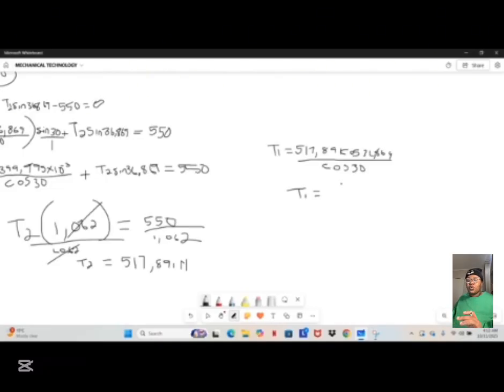Okay, so we got the answer for the first problem, for the first example.